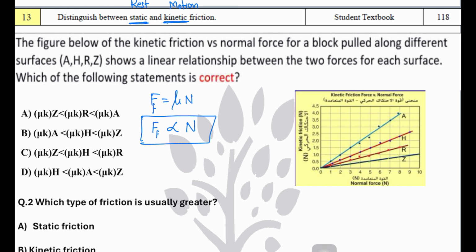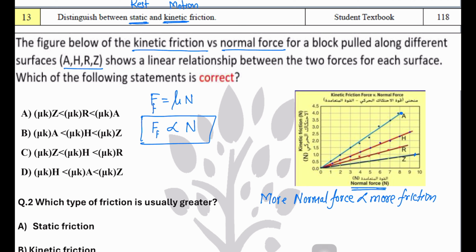In the figure below of kinetic friction versus normal force, more kinetic friction means more normal force, for a block pulled along different surfaces A, H, R, Z. You can see here A and Z. More normal force, more friction.